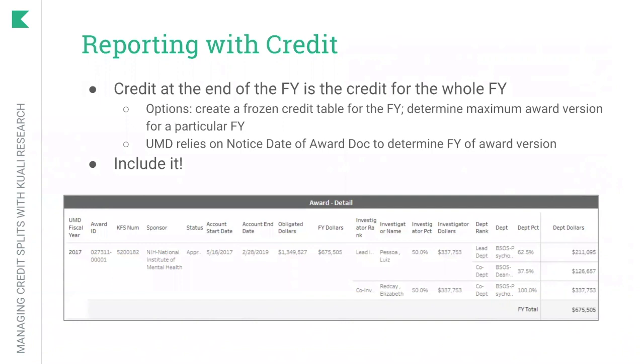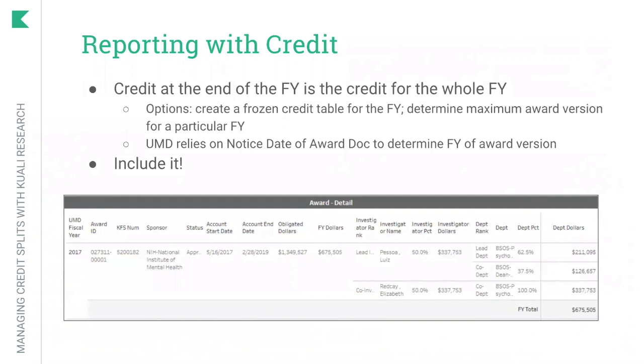If I take a look at the FY dollars for Dr. Pizzoa, it's the 50% applied to the $675,000. And so his investigator dollars are $337,753.